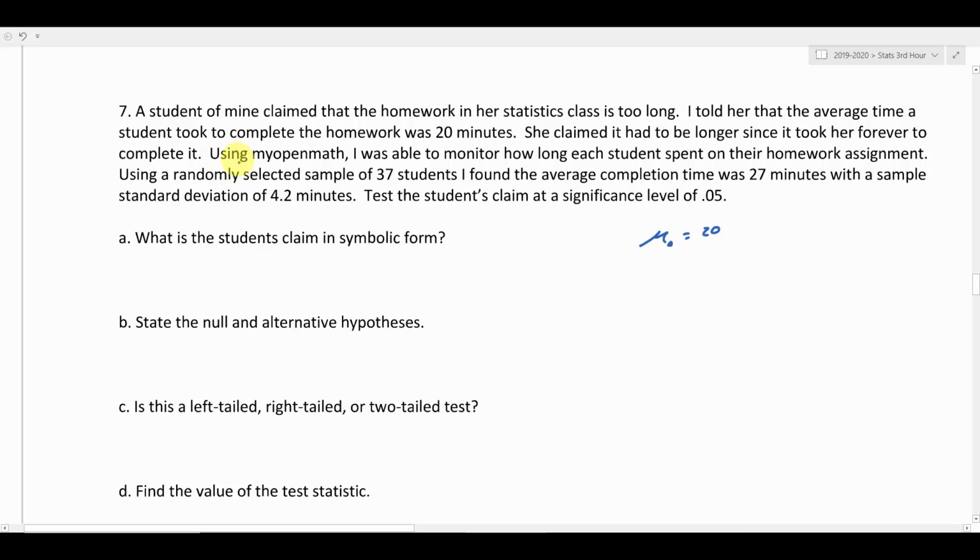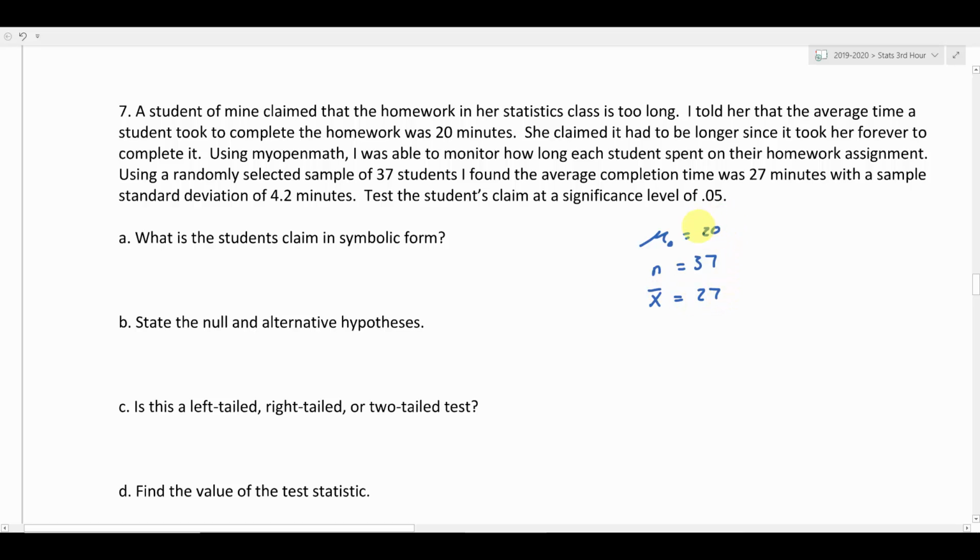So using MyOpenMath, I was able to monitor how long each student spent on their homework assignment. And I took a sample of 37 students, so we know the sample size is 37. The average completion time was 27 minutes for that sample, so our sample mean was 27, right?